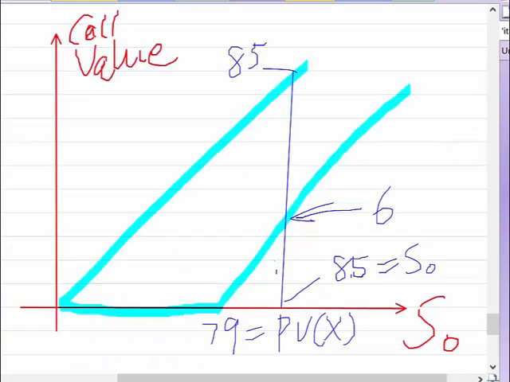So what we can conclude is that this call option, be it either American option or European option, anyway, we are talking about this call option, which has this expiration date, which gives the discounted value of the strike price, for this underlying currently trading at $85.